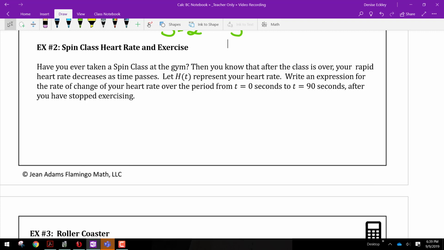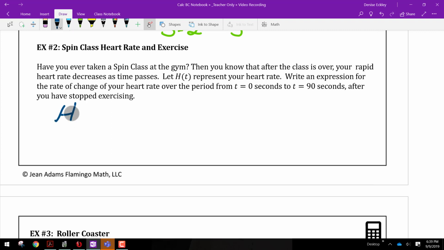So we're going to let the function h of t represent our heart rate, and we're supposed to write an expression for the rate of change of your heart rate over the period from t equals 0 to t equals 90 seconds after we've stopped exercising. So we don't know exactly how we're representing our h of t, but we can write an expression.